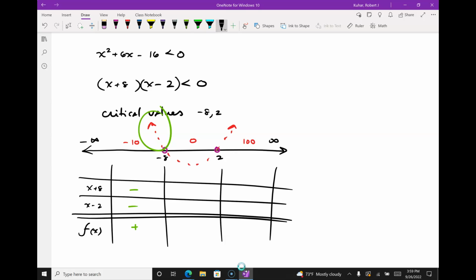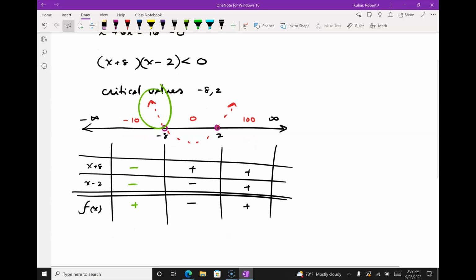When I plug in 0, I get positive and negative, so when I multiply them, I get negative. That's the piece I want. When I plug in 100, I get positive and positive and positive. So f of x is less than 0 when x belongs to the interval from minus 8 to 2, open.